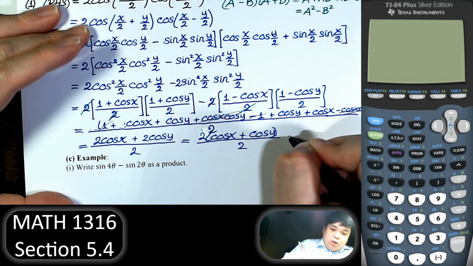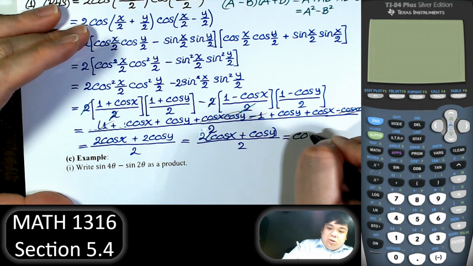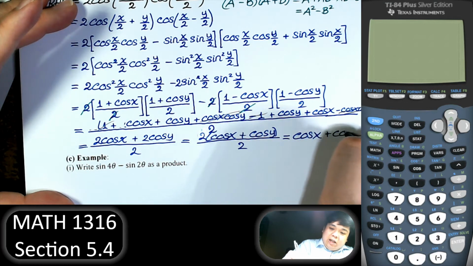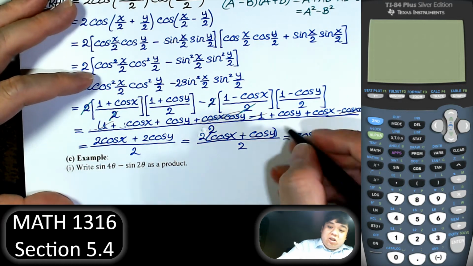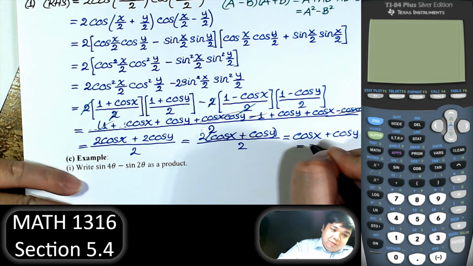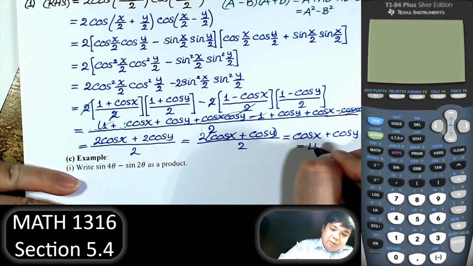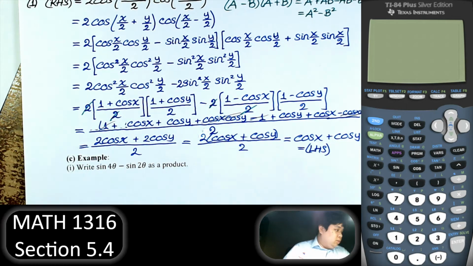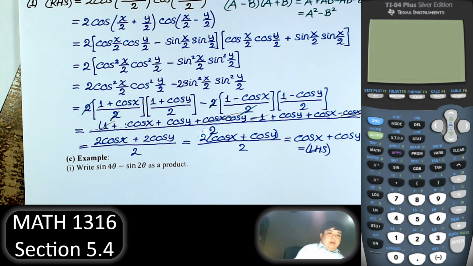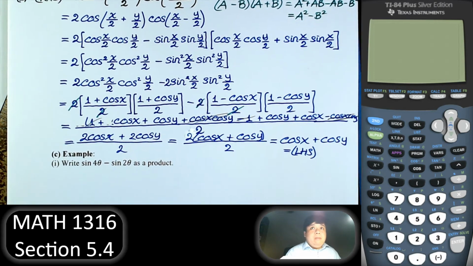Divide by 2, 2 and 2 cancel out. That gives us cosine of x plus cosine of y. As mentioned before, this is not the easiest way to prove things. Right, so certainly you can do that.